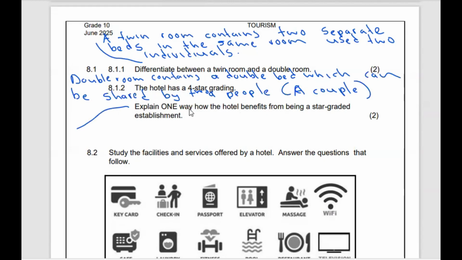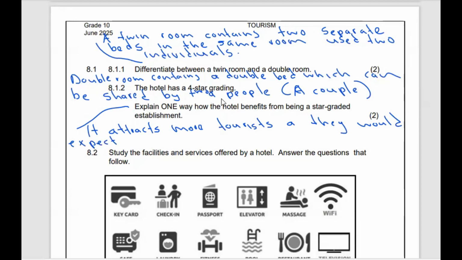When a hotel is star graded, it attracts more tourists, as they would expect value for their money. So this would attract more tourists as they would expect more value for their money.